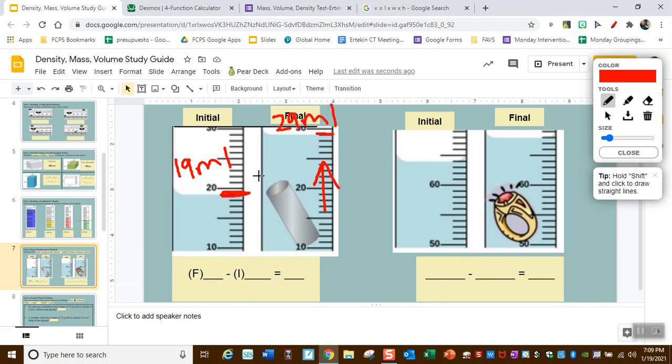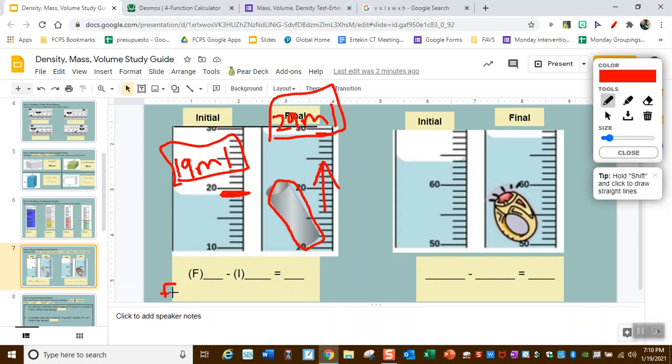Okay? To find the volume of this rod, you need to subtract these numbers. Always subtract the big one minus the small one. Okay? Siempre resten el número más grande menos el número pequeño. Or the final volume minus the initial volume, okay?